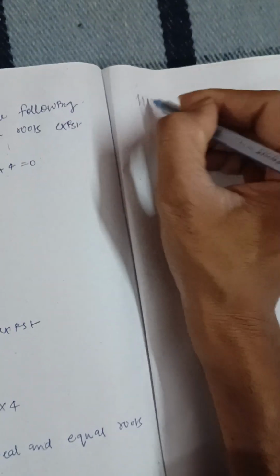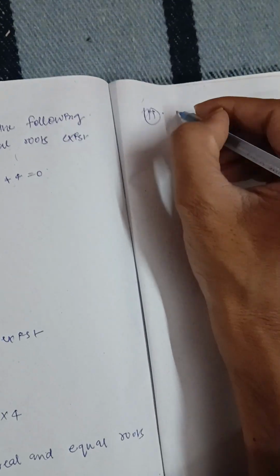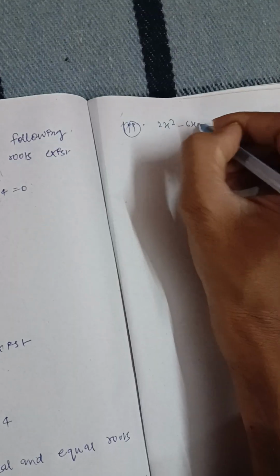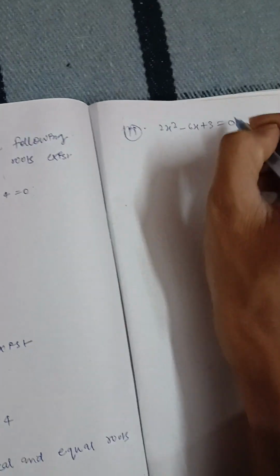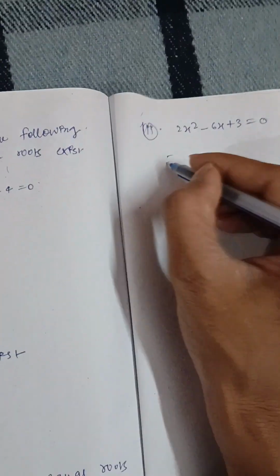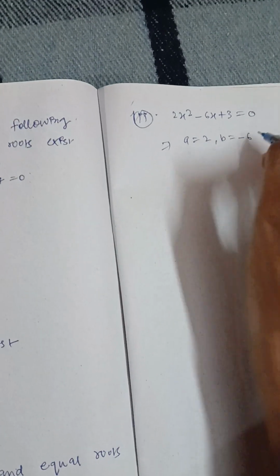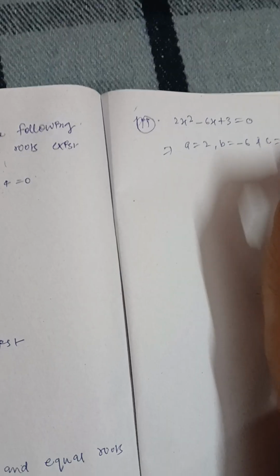Third question is 2x square minus 6x plus 3 equal to 0. Here a equal to 2, b equal to minus 6 and c equal to 3.